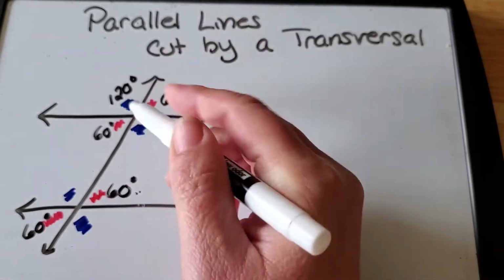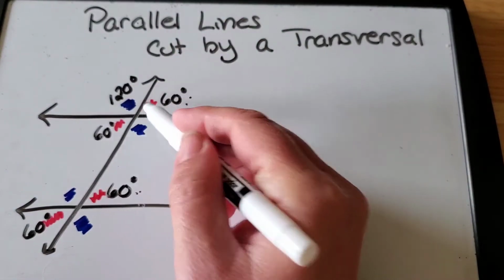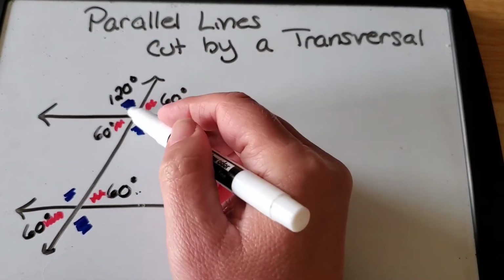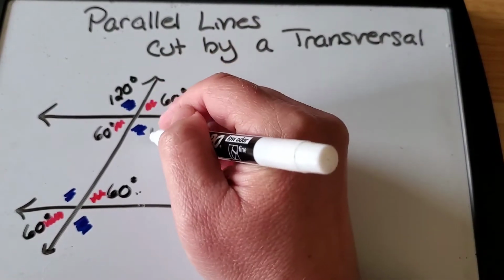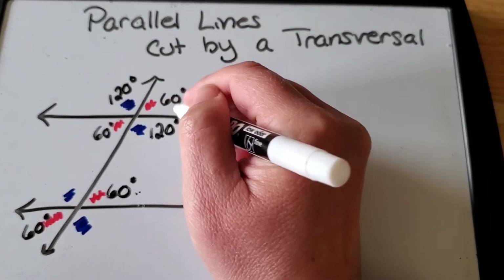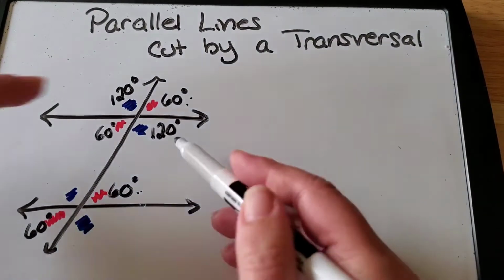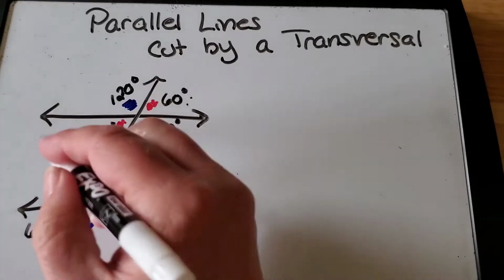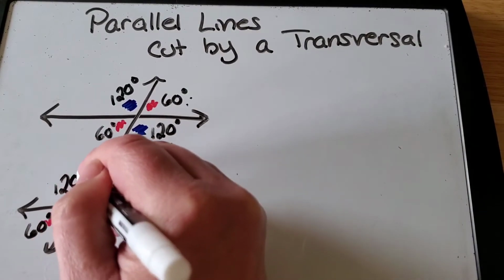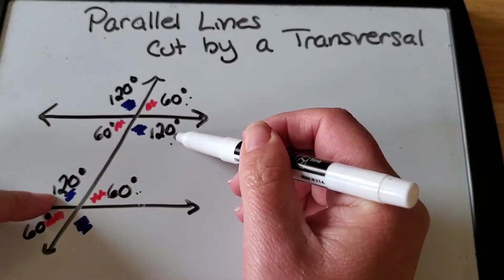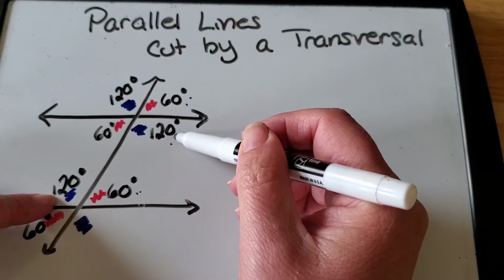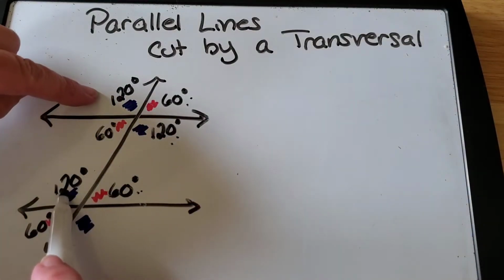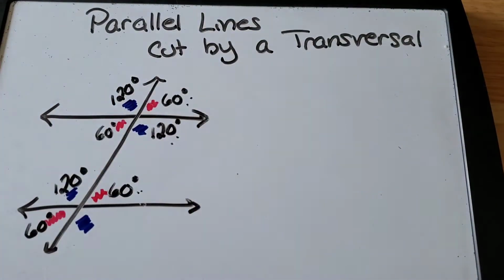This is 120 degrees because it's supplementary to the 60-degree angle, or that 60-degree angle. This is 120 degrees because it's supplementary to either one of those, or because it's vertical to that angle. This one is 120 degrees because they're alternate interior angles, or these are corresponding angles.